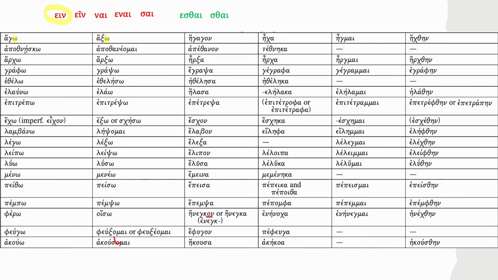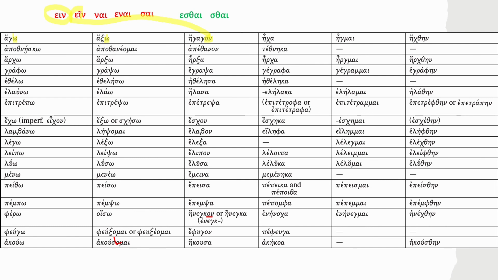If it is an on in the aorist, the ending will be ein, but with the circumflex. And remember, in the aorist, you're going to get rid of the augments.